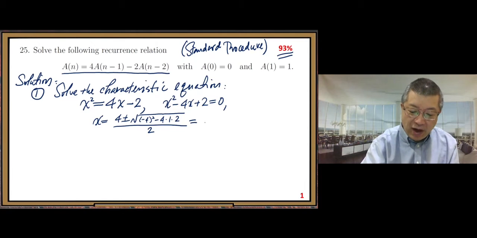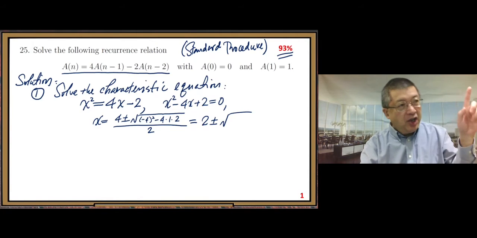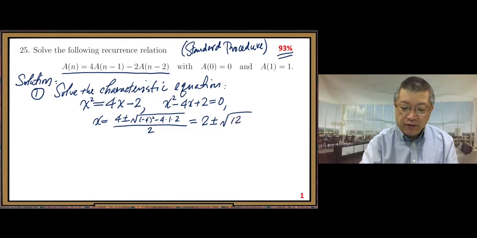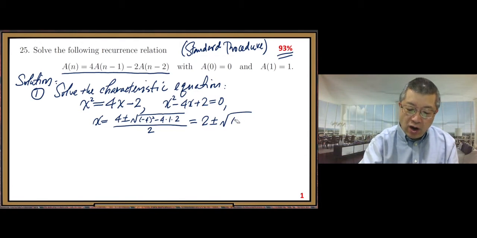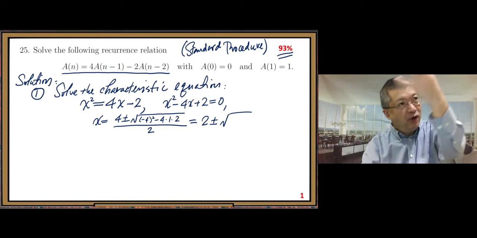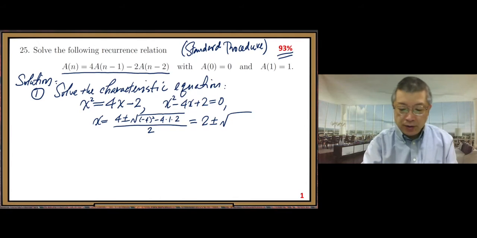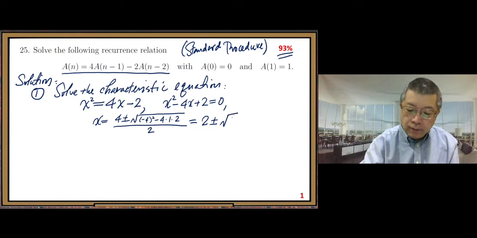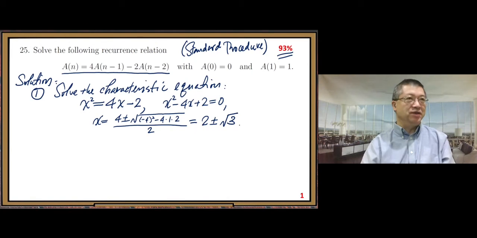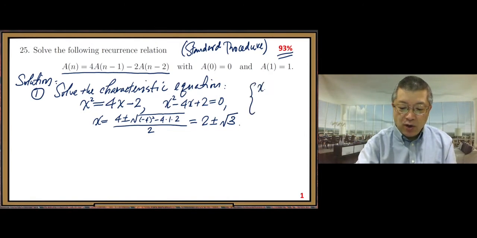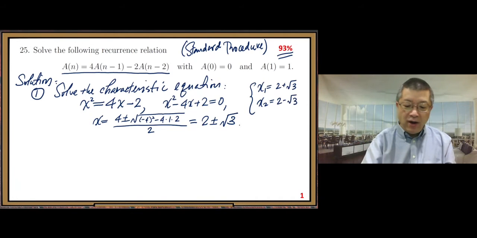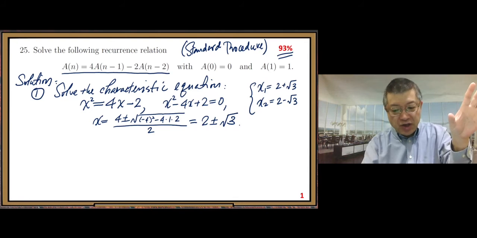Let's simplify: 2 plus or minus the root of 16 minus 4, which is 12. 12 equals 4 times 3, so we take 4 out of the square root and get 2, the denominator 2 cancels out, and we get root 3. Those are the two solutions: x1 equals 2 plus root 3, x2 equals 2 minus root 3. That's step 1. If you get this step, 1 point.